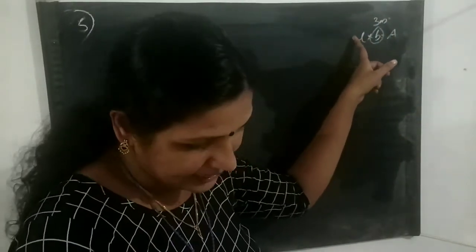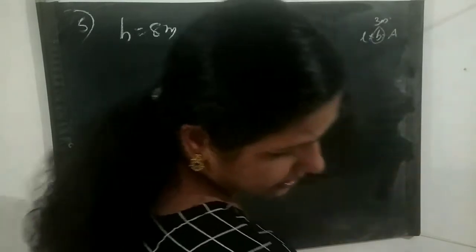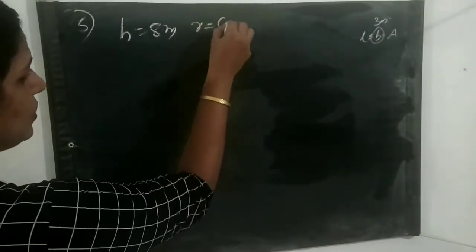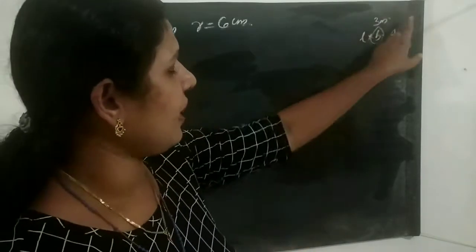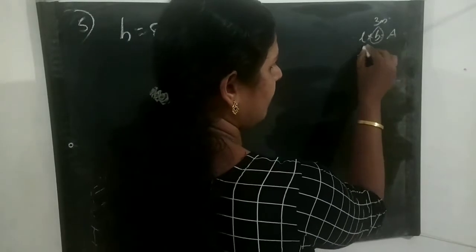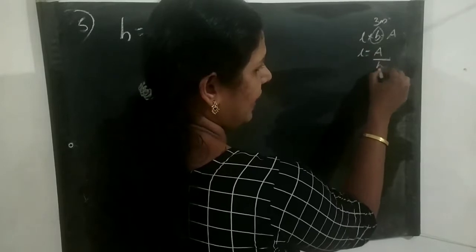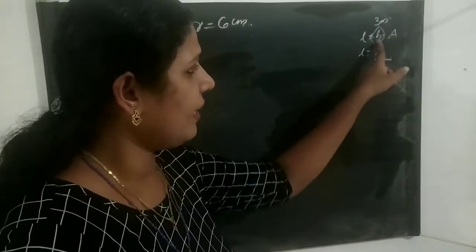What length of tarpaulin 3 meter wide will be required to make a conical tent of height 8 meter and base radius 6 meter. From this we have to find the L. How to find this? You just find the area and divide by this breadth. Then you get the length.